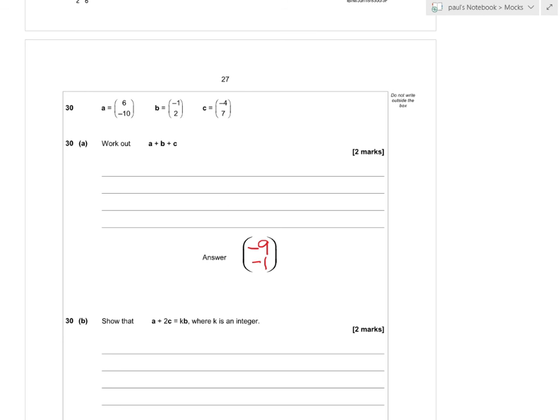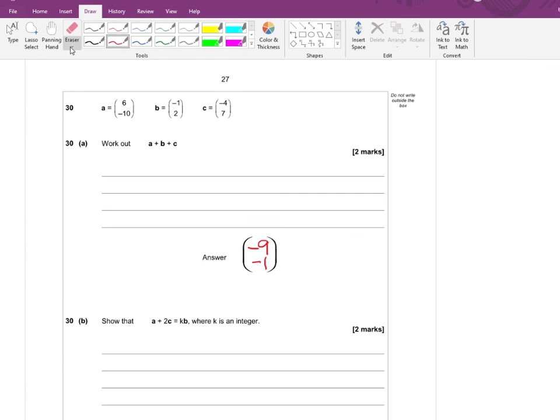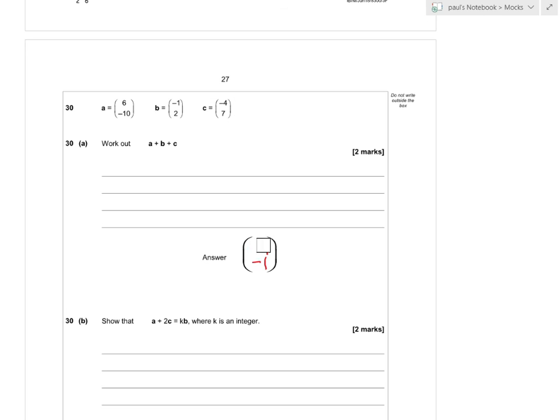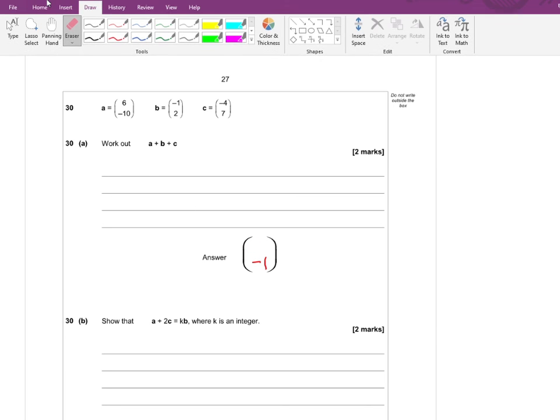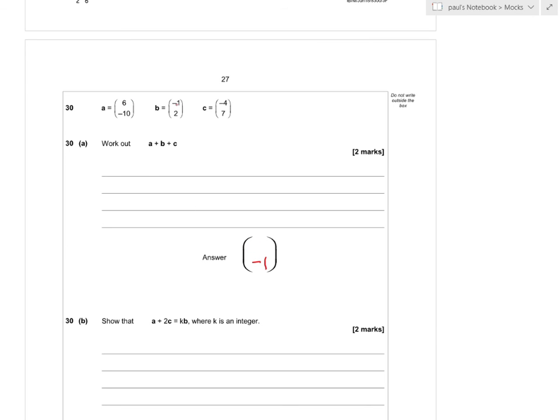Is that right? Oh, where did I get 9 from? Bonkers. I don't do very well on this one today. 6 minus 1 is 5. Minus 4 is 1. 1 minus 1.